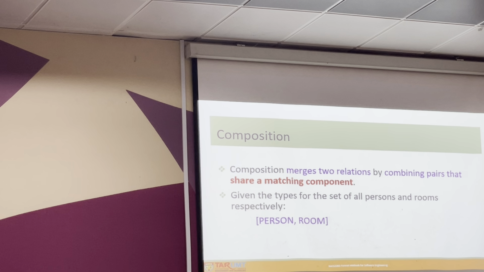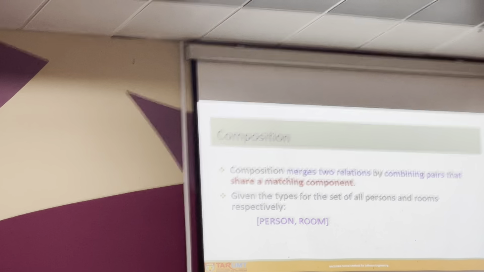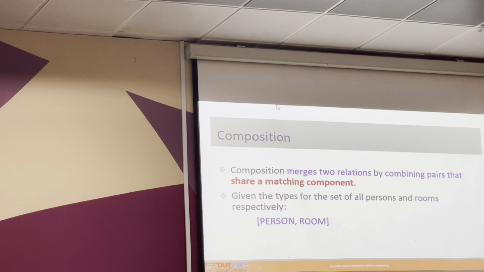Composition is another thing that you can show in your record. Composition means that assuming you have two tables, two records here, but the range of this record and the domain of this record are actually referring to the same thing.